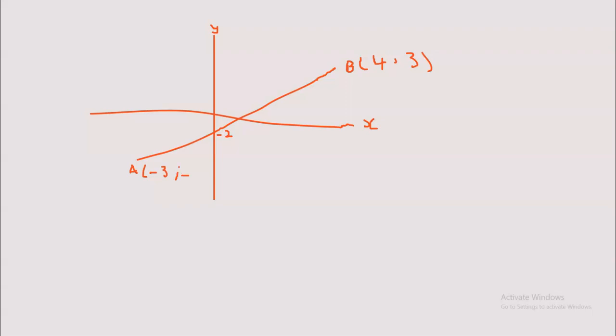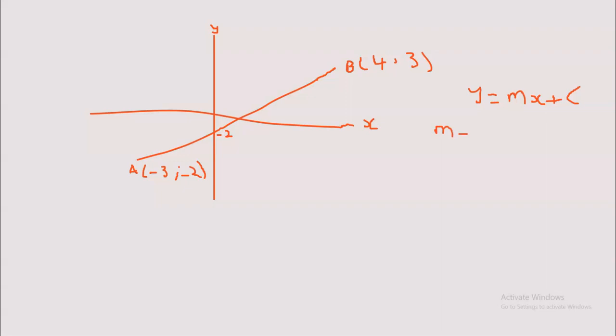Now, if they ask us to find the equation of this straight line graph in y equals mx plus c format, the first thing you must always know is to find the gradient. The gradient is that m that we know there.